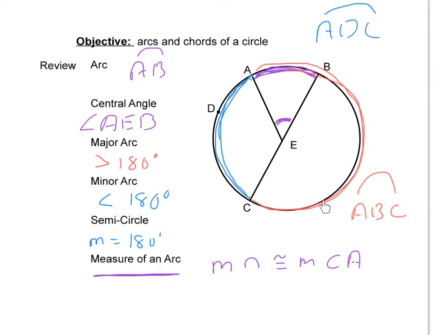Unless I put in a third point, I would not know. If I just wrote arc BC, I would not know which arc I'm talking about, because arc BC could also be this arc right here. But if I wrote for a semicircle arc BDC, that would be this arc right here.